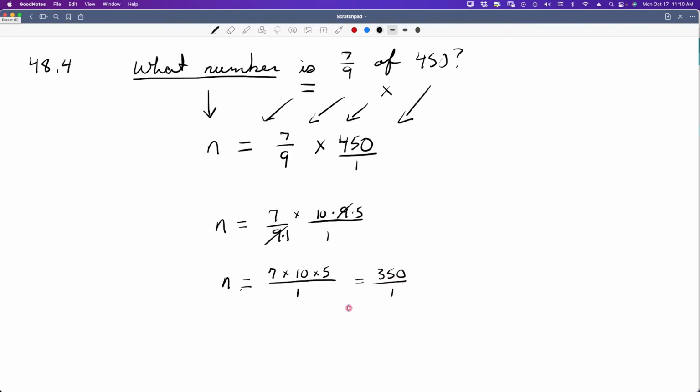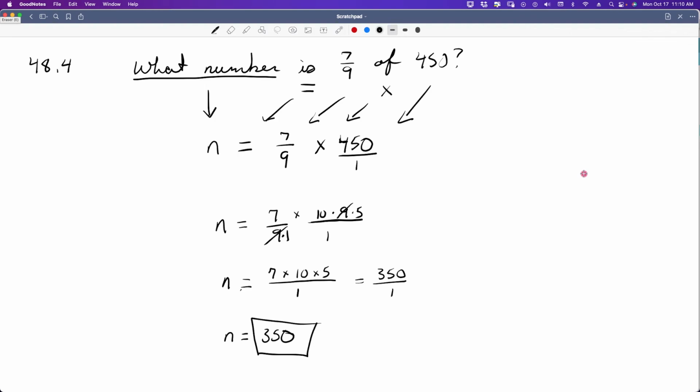Because this is over 1, this is a whole number, so n is equal to 350. So that tells me that 350 is 7/9 of 450. That is what I was looking for, this number right here. And that is your answer. And that is the last example problem for lesson 48.